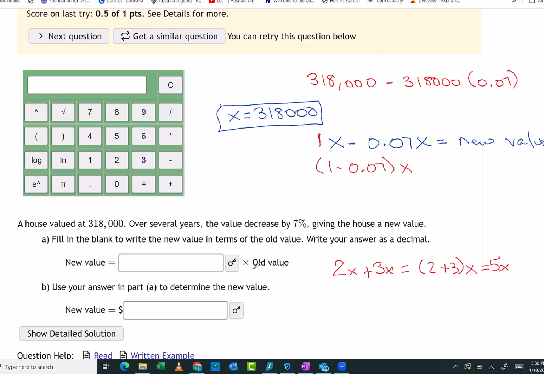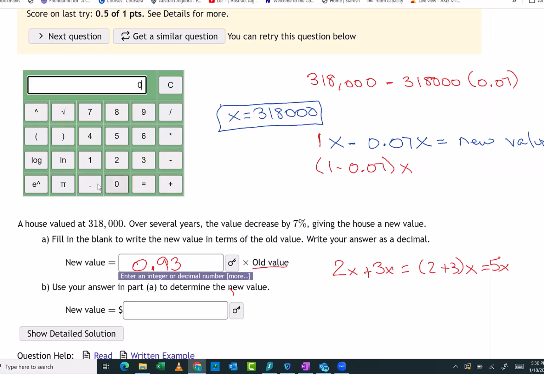X is the old value, the original value, 318,000. 1 minus 0.07 is 0.93. That's what goes here. Once I have that, I just put this into my calculator.